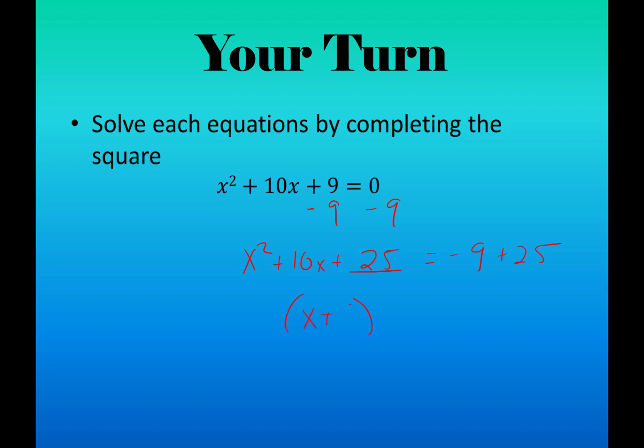I would have x plus 5 squared equals, this time, 16. Take the square root of both sides. X plus 5 equals positive or negative 4. Subtract 5 from both sides. You're going to have x equals negative 9 or x equals negative 1.